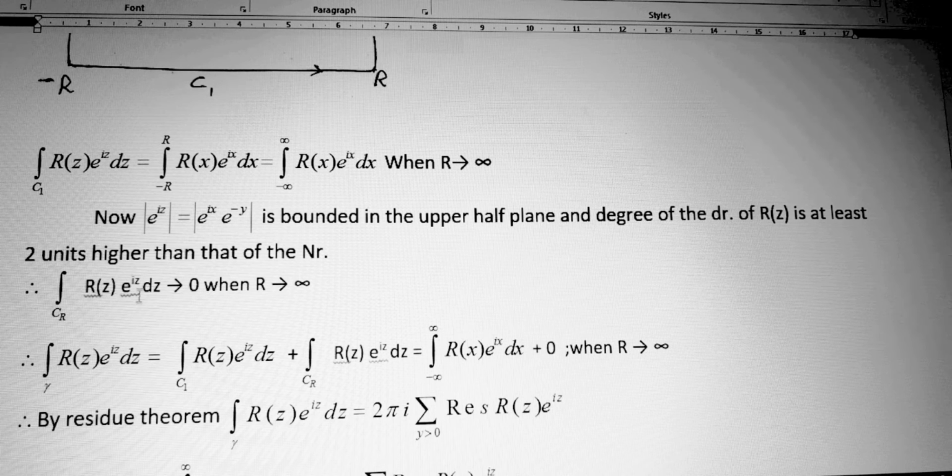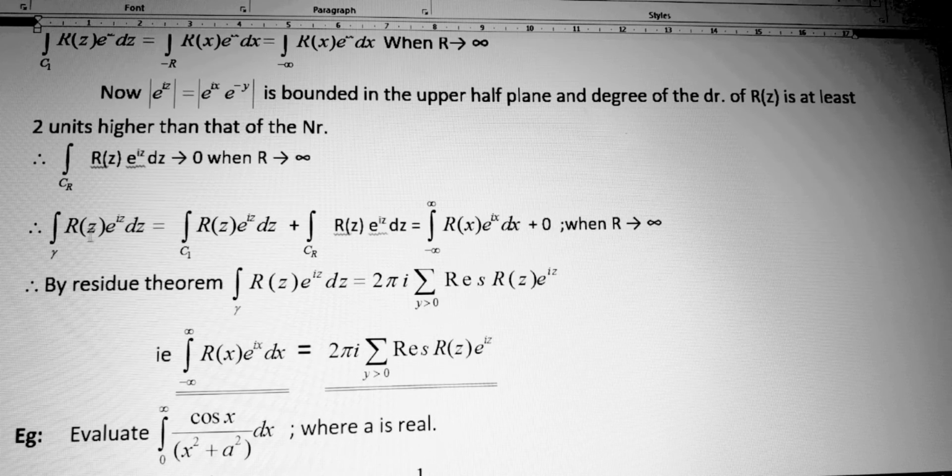So it is bounded, and the degree of the denominator of R(z) is 2 units higher than that of the numerator. So when R is large, R(z) is a quantity which is less than 1. Therefore, when R tends to infinity, the integral over CR of R(z) e^(iz) dz tends to 0.